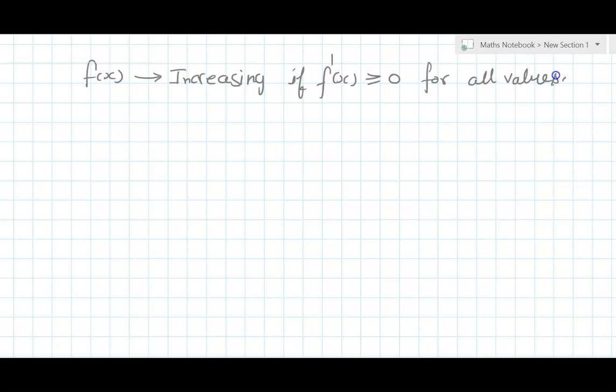Function f(x), we can say it is an increasing function if the differentiation of f(x) is greater than and equal to 0 for all values of x. What does it mean?